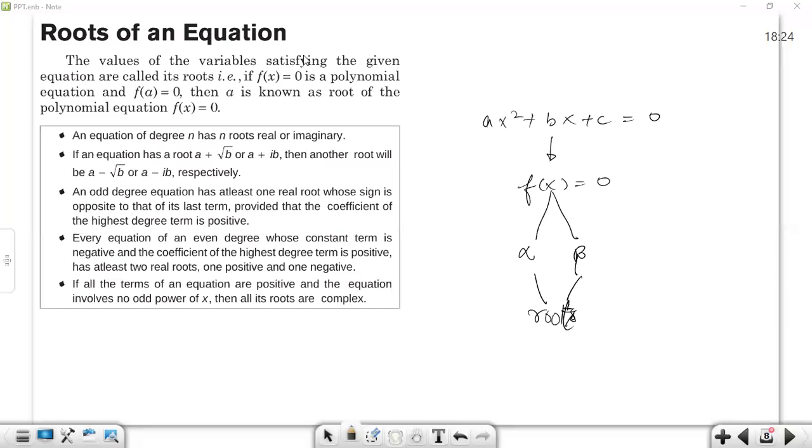The values of the variable satisfying the given equation are called its roots. If f of x is equals to 0 is a polynomial equation and f of a is equals to 0, then a is known as a root of the polynomial equation. Understood?